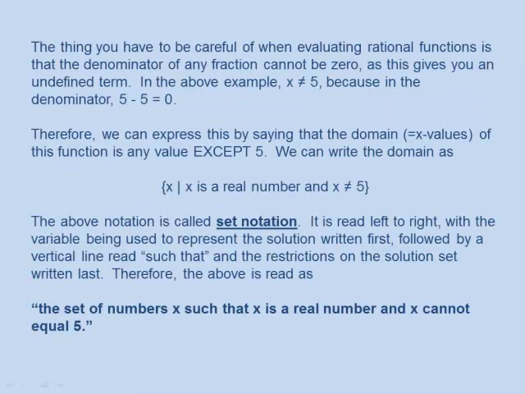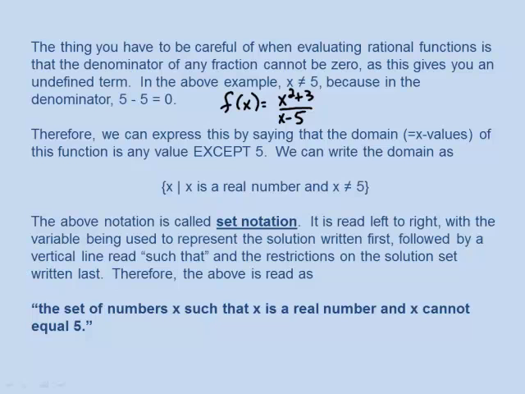Now I'm going to rewrite that function here since it was on the previous slide. We're looking at f of x is equal to x squared plus 3 divided by x minus 5. Okay, the thing you have to be careful of when evaluating rational functions is that the denominator of any fraction cannot be 0, as this gives you an undefined term.